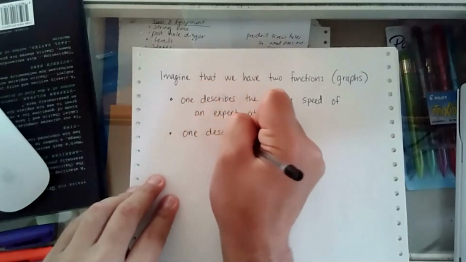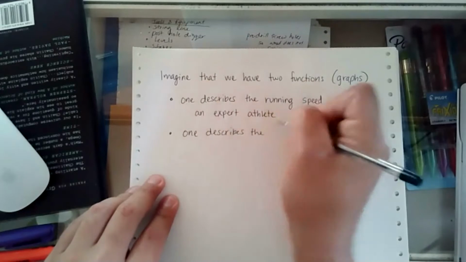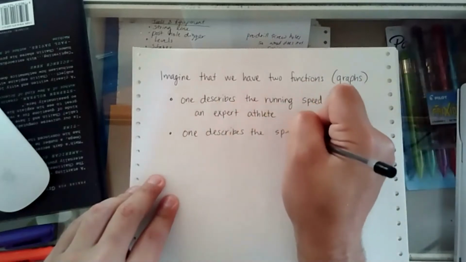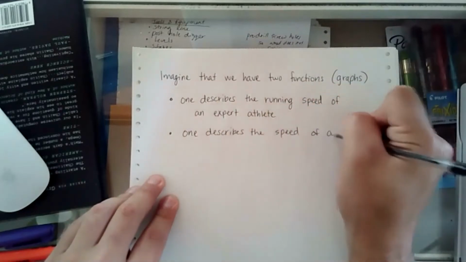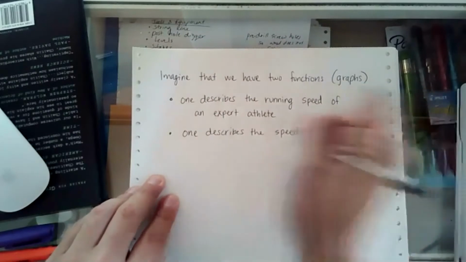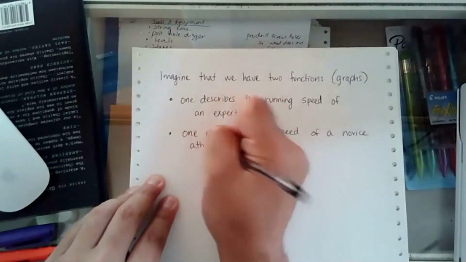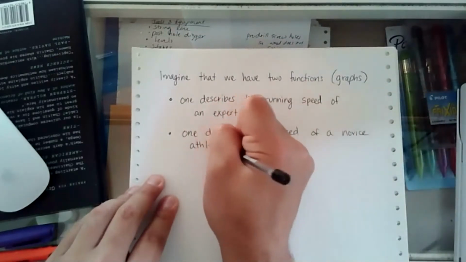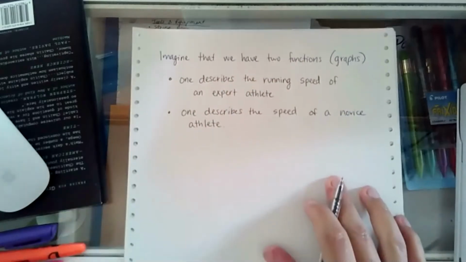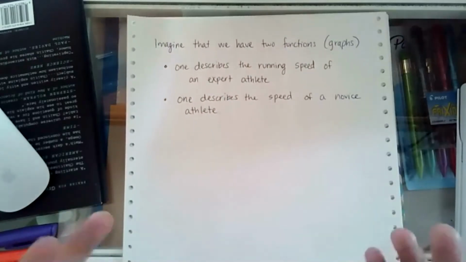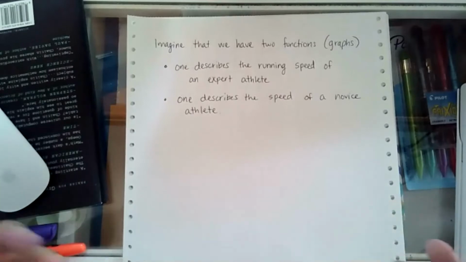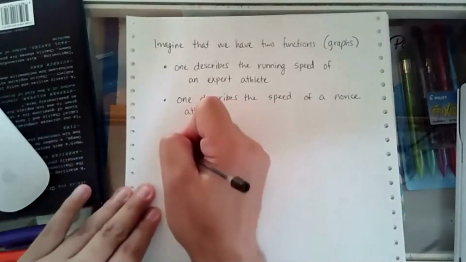One describes the speed of a novice athlete or a beginner. Then if we were trying to compare both of their running speeds or their velocities as they ran a track, we would need two graphs to do that.